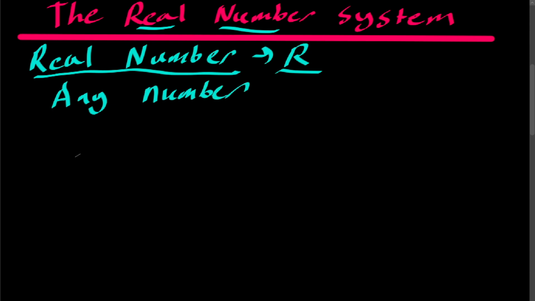We could say 2 is a real number. We could say pi is a real number. We could say the square root of 45 is a real number. Basically anything that is an actual number is a real number. It can be a decimal, it can be a fraction, it can be anything.